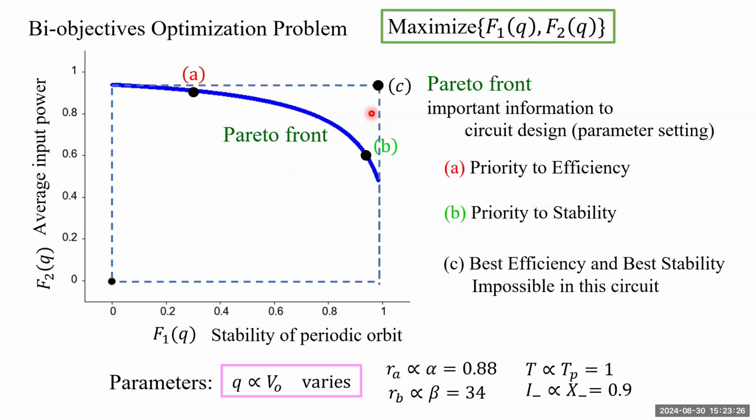However, please note that the best efficiency and the best stability together is impossible in this circuit. This is basic, very important information for circuit design. The Pareto is important. Anyway, the best efficiency and the best stability are impossible, and there exists a trade-off. It is clarified theoretically and precisely using the piecewise linear model.